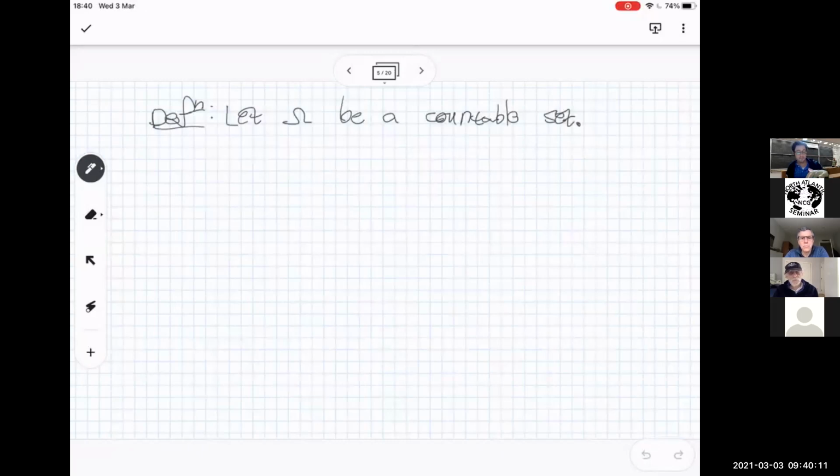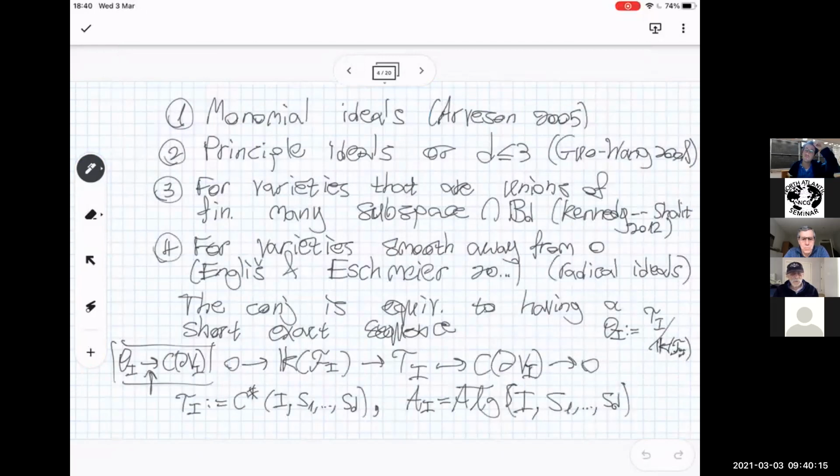I have another question, actually. You say that for a variety smooth away from 0, the conjecture has been proved. Yes. That would seem to be quite a large class of examples. Yes, absolutely. It's a huge class. I think recently it's also been shown for some varieties that are not smooth in some isolated points.